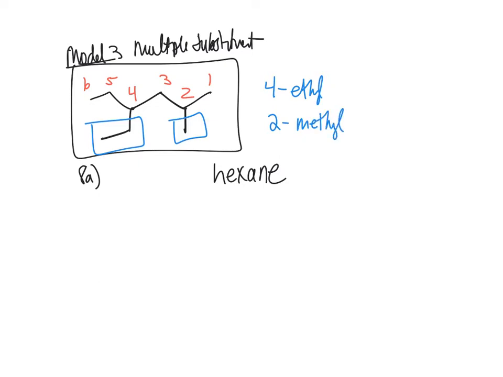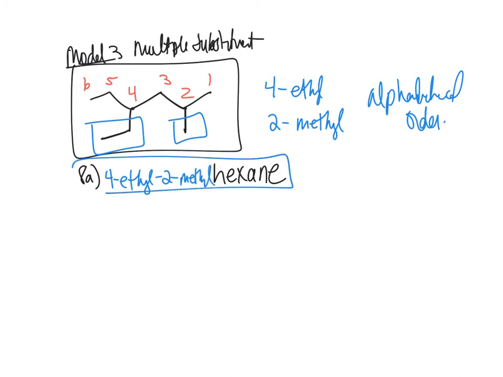Is there more than one substituent? Yes. You need to list them in alphabetical order. Okay, so what comes first? The E, right? So then it would be 4-ethyl-2-methylhexane. And there's no space between methyl and hexane.